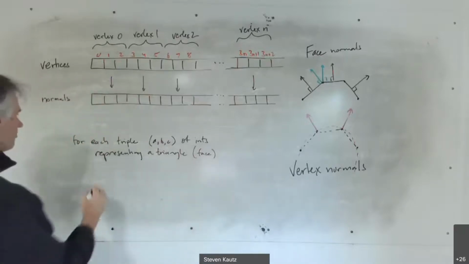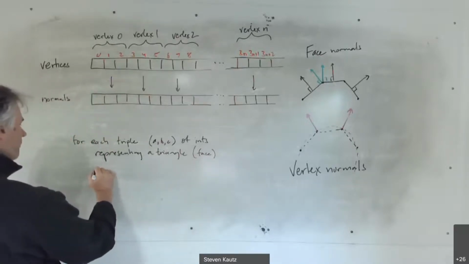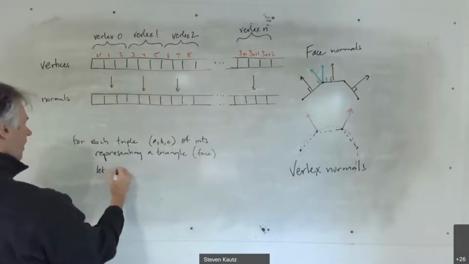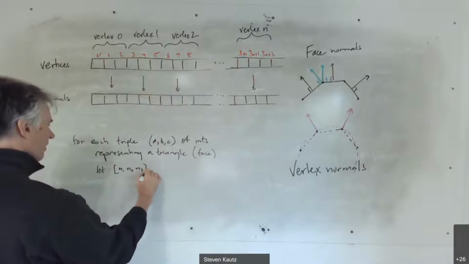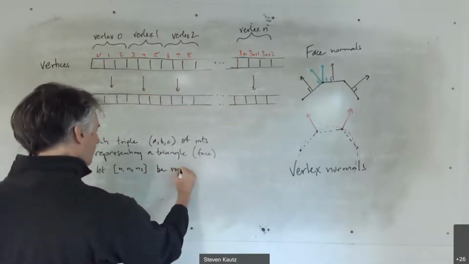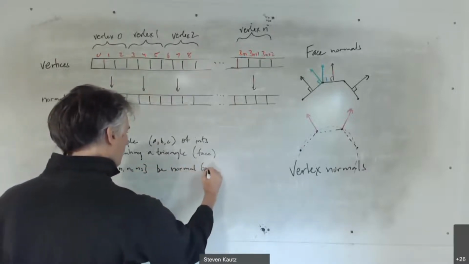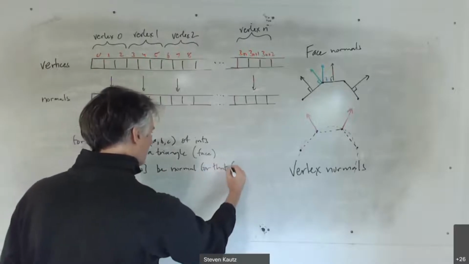What do we want to do? You want to let's call it n1, n2, n3 be the normal vector for that face.